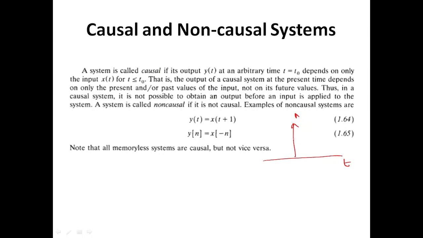The current output, say at t equals 0, would be causal only when all your signal components are towards the left hand side of the output signal.